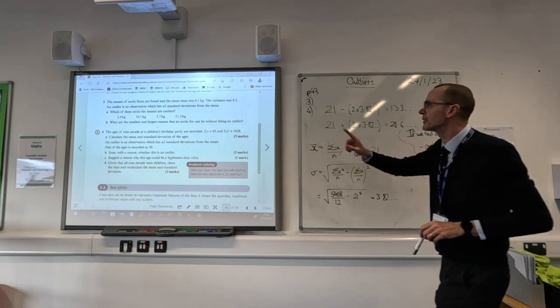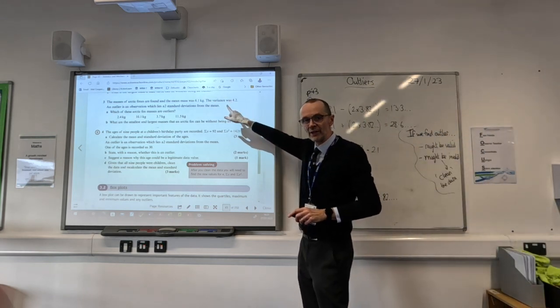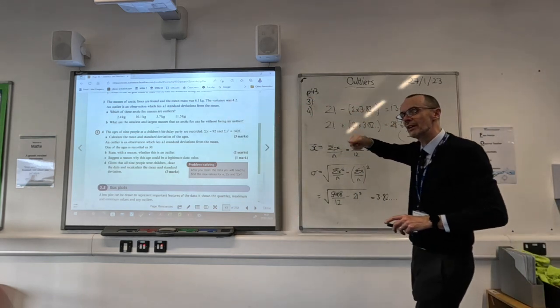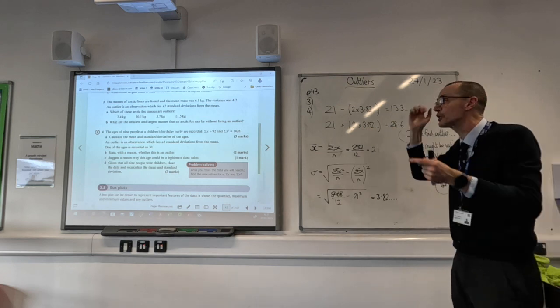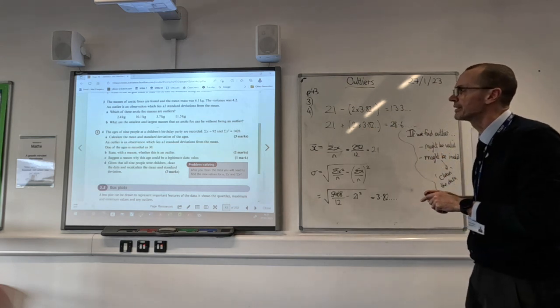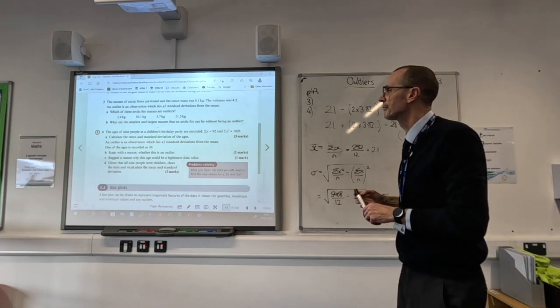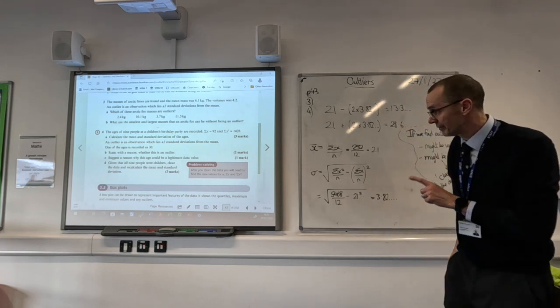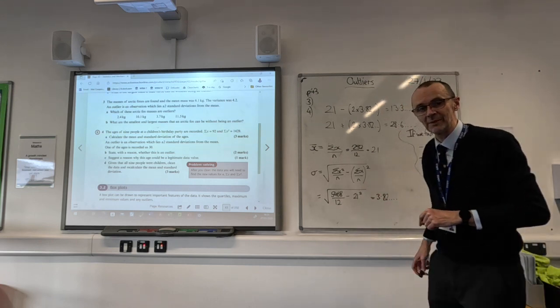Can I just point out, it tells you the variance. Remember, the relationship between variance and standard deviation is that standard deviation is the square root of the variance. So start them now, and then you can finish them independently.